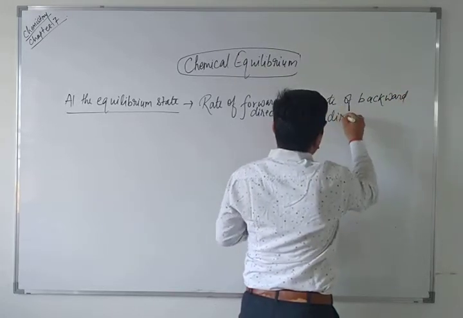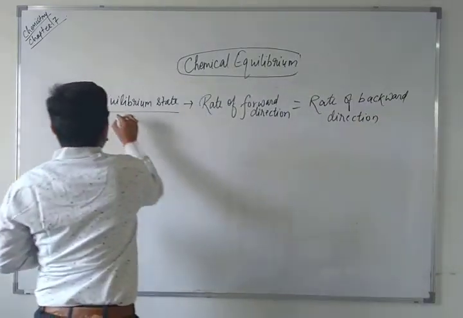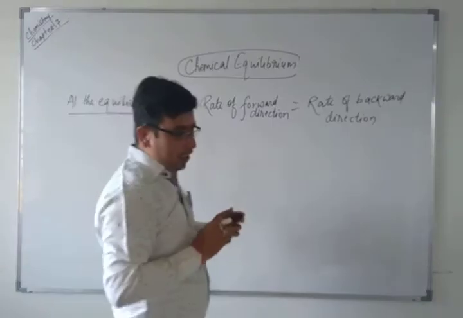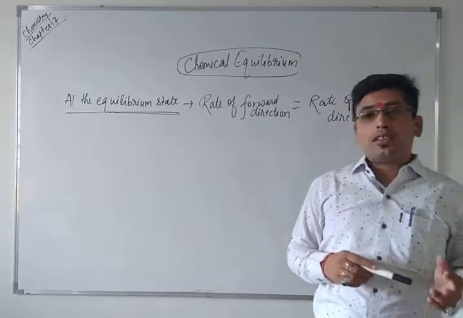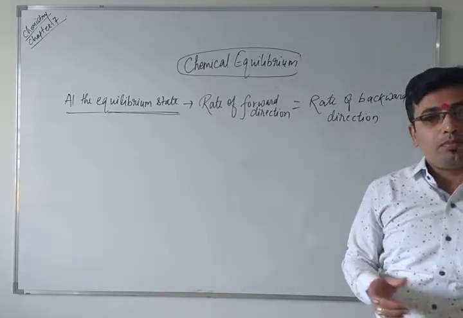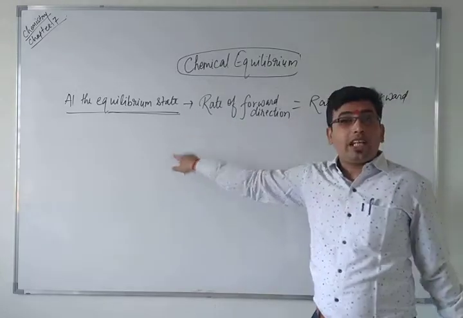Why have I been teaching you all this? This is the main thing: the equilibrium state. You must understand there is a certain stage when the product concentration increases, and as the product concentration increases, the products start changing in the backward direction, and a time comes when there is an equilibrium state.